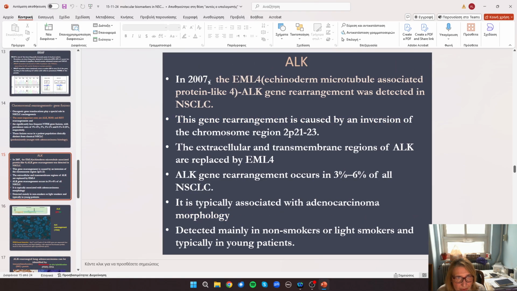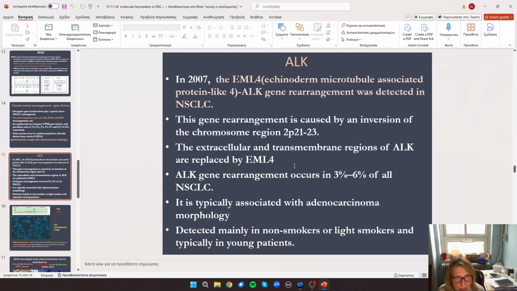In 2007, the fusion gene EML4-ALK was detected in non-small cell lung cancer. This gene is the result of rearrangement in the chromosomal region 2p21-23. This is where the ALK gene is located. And the result is a new fusion protein.